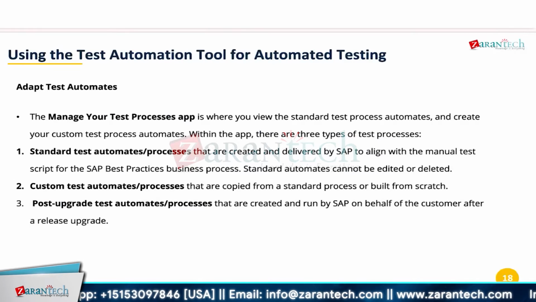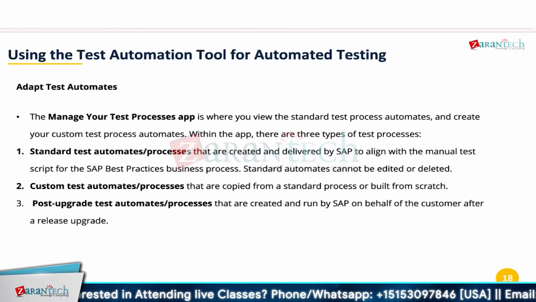Next is the custom test automate. So first is the standard. So basically, this test script will be for SAP best practice business processes, and it cannot be edited or deleted because it's a standard automate. Custom test automate / processes are copied from the standard processes or built from scratch because it is custom.